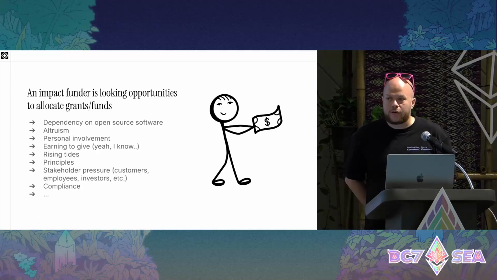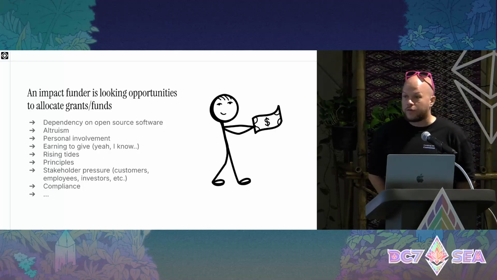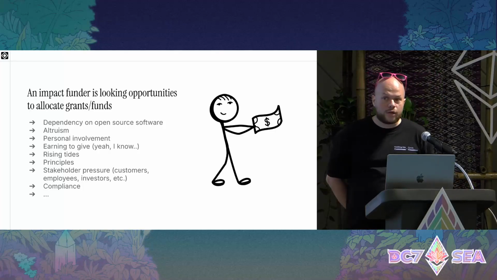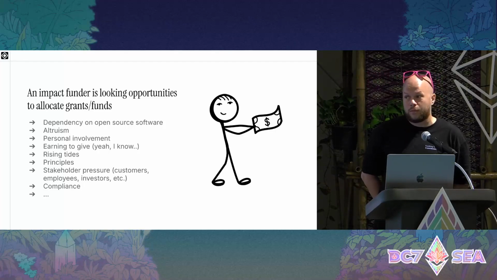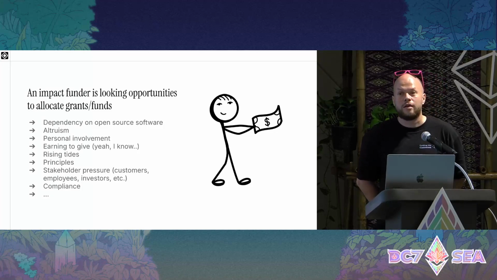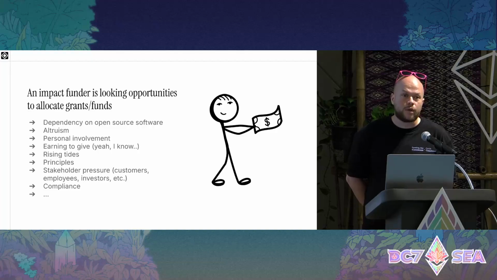Because if an impact funder is looking for opportunities to allocate grants or funds, depending on the amount that they want to give, they want to be more certain about what is the effectiveness of that amount. Right? So let's say you want to give somebody a Kickstarter grant. Kickstarter grant probably won't be 5 million. It'll be a lower amount, but you also have more flexible criteria to allocate those funds, and vice versa. If you have something with a very high amount, you want to be more strict.